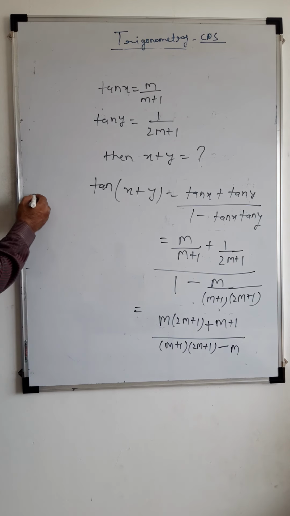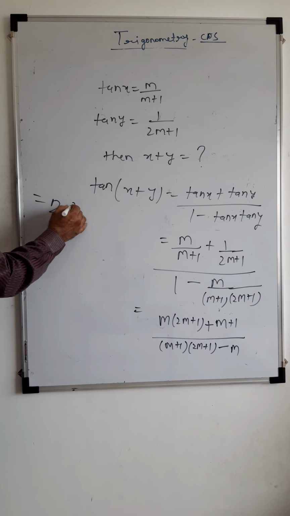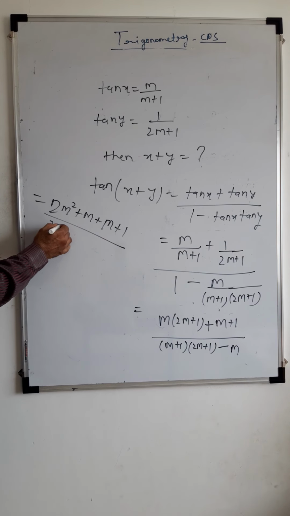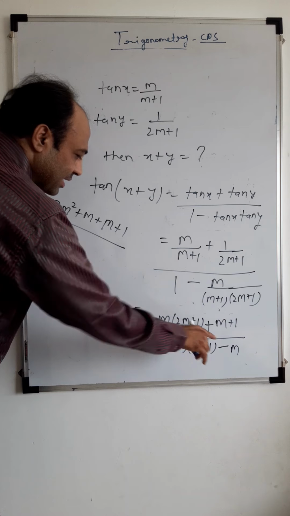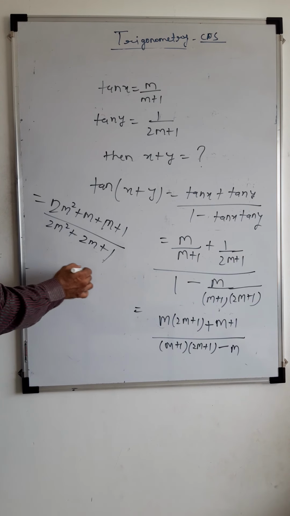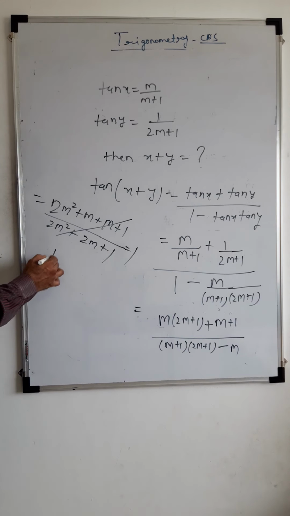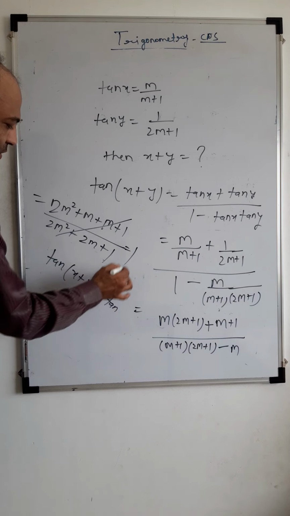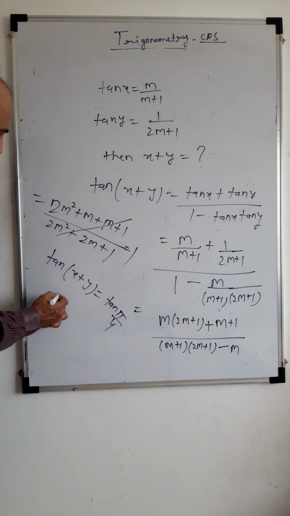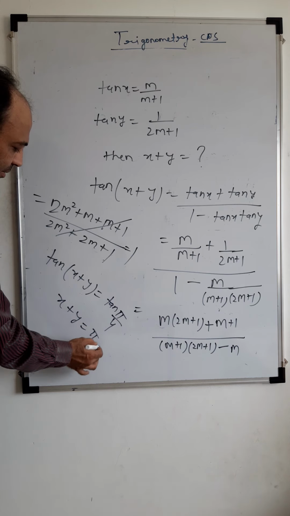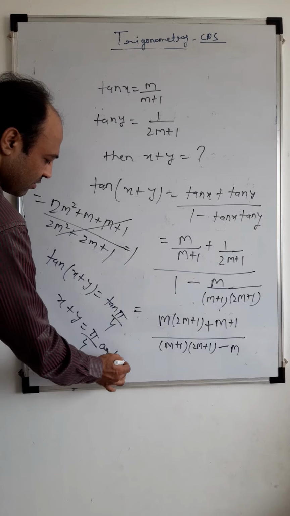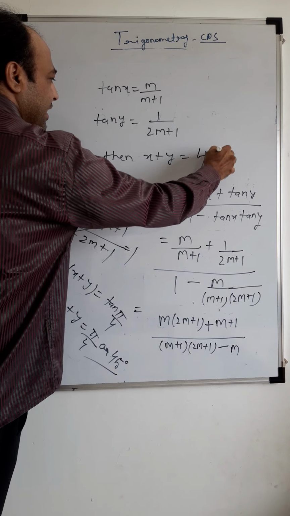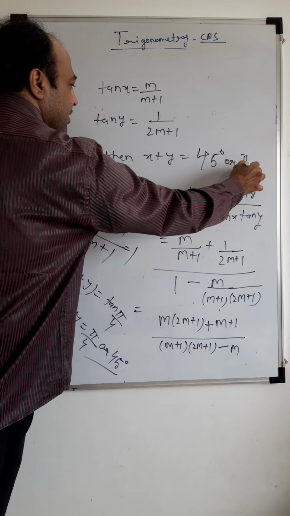While simplifying, it becomes 2m squared plus m plus 1 upon 2m squared plus 3m minus m plus 2m plus 1. Both get cancelled, it came 1. So tan x plus y equals tan 45, and x plus y came pi by 4 or 45 degree. So the answer is 45 degree or pi by 4.